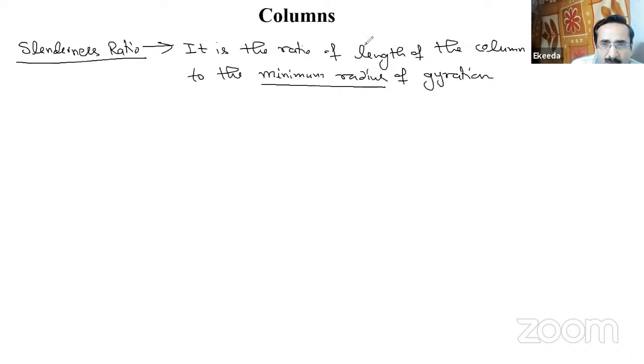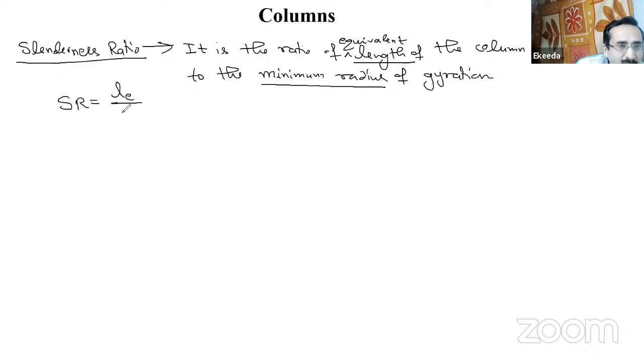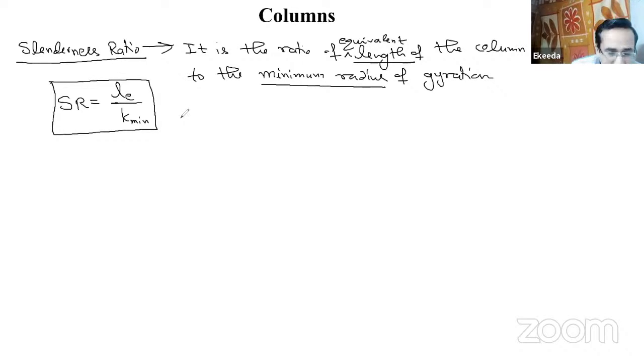And the length here is actually the equivalent length. The better word is equivalent length. So slenderness ratio is equal to the equivalent length of the column divided by the minimum radius of gyration. This is the slenderness ratio.